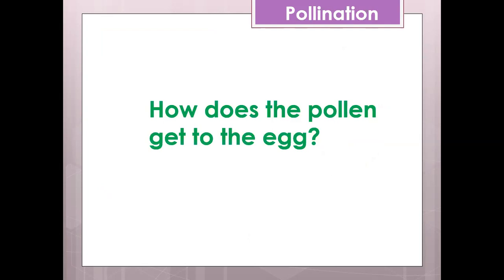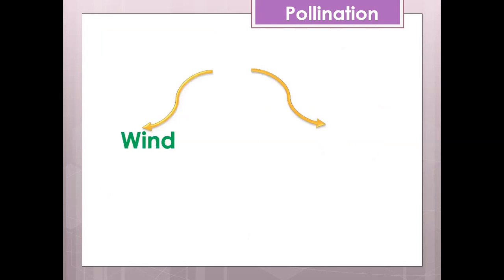Okay, it's the movement of the pollens from the male part to the female part to stick together, and then they will be forming the seed. How can those pollens go to the egg? How are they going to be stuck to the egg? How? First of all, either by wind or by animals.